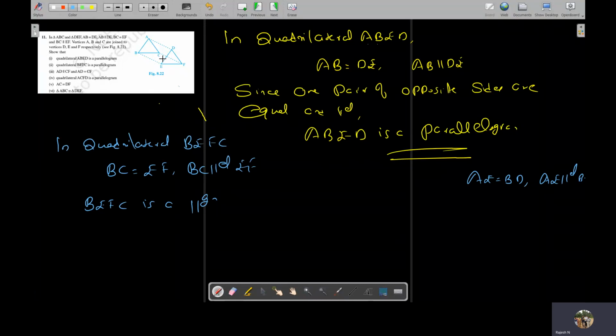ABED is a parallelogram means AD is equal to BE. So here AD is equal to BE, and AD is parallel to BE.